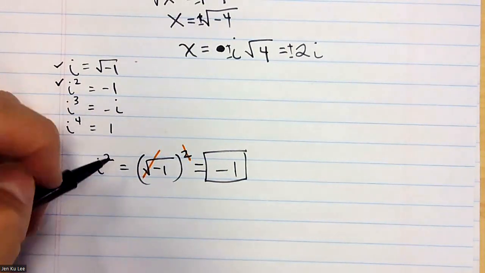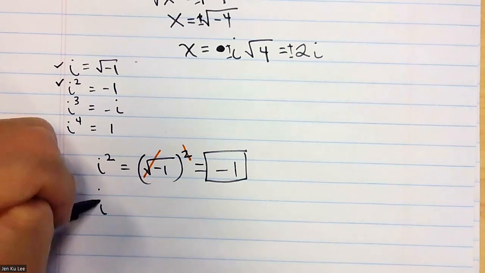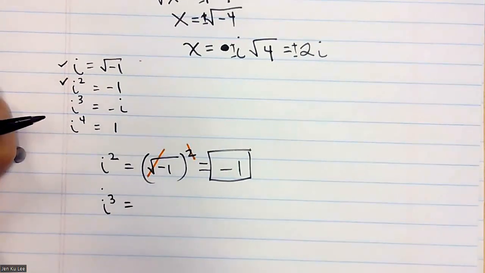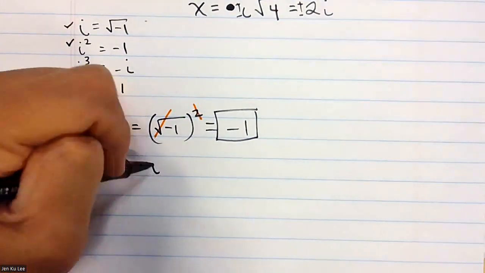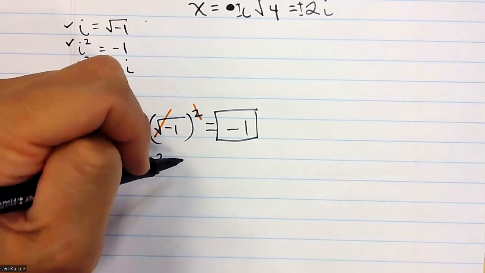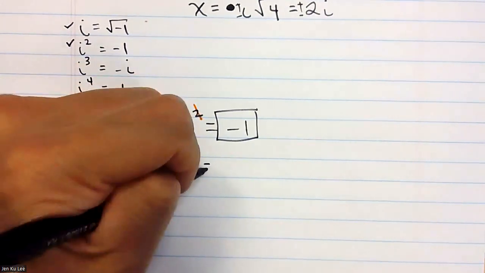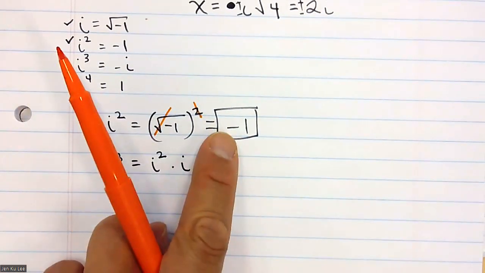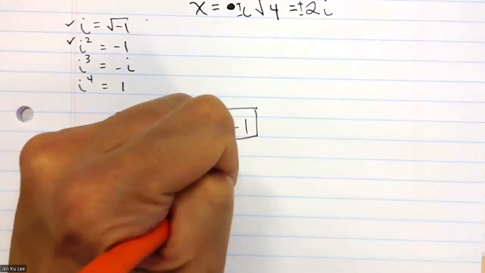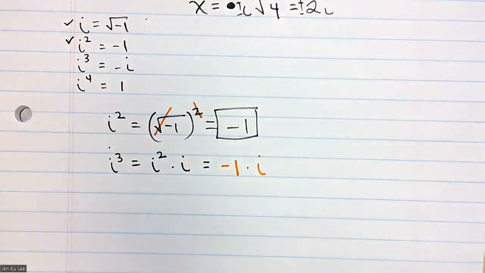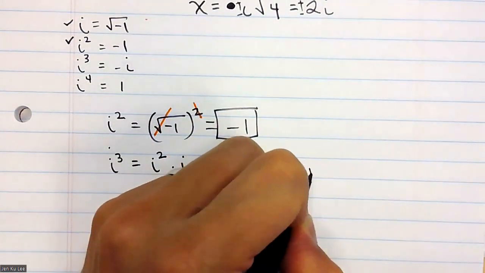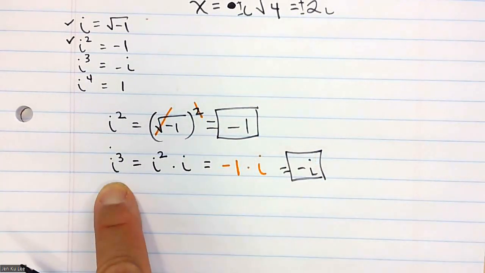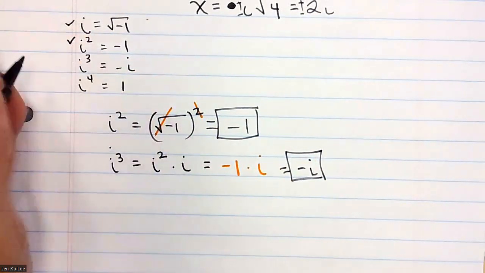Okay. i cubed, we can think about as i squared times i. Well, we already established that i squared equals negative 1. So this is negative 1 times i, which equals negative i. Okay, so i cubed equals negative i here. Check.